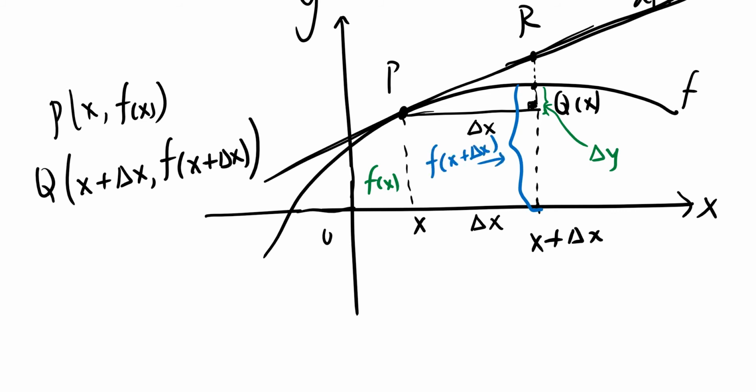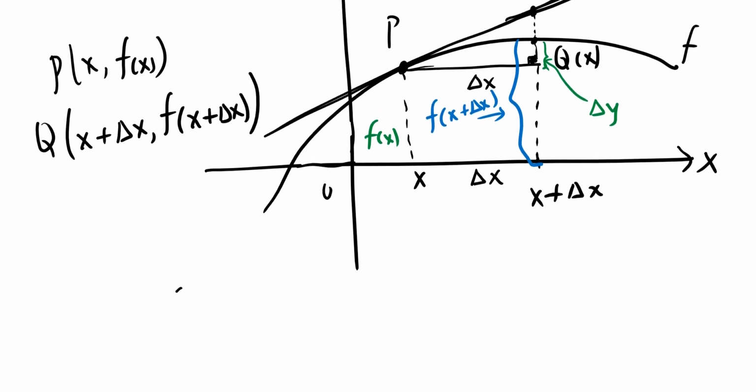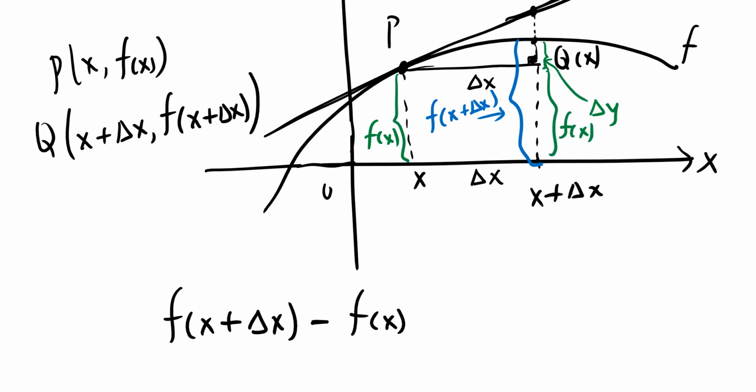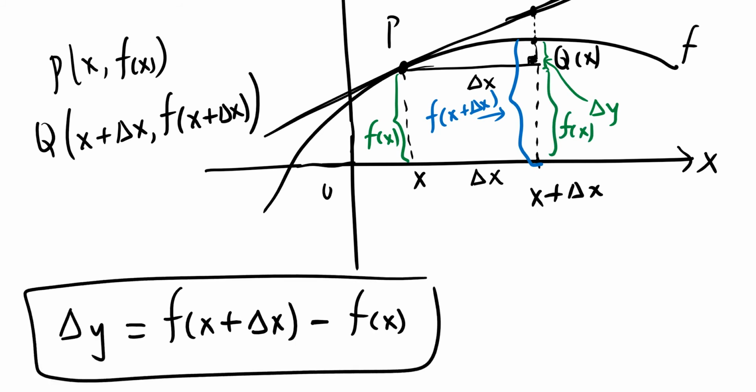That's the vertical y value. So if I take that f of x plus delta x, the vertical distance, and subtract f of x, which is the same as this, that gives me delta y. And what is this basically? This is the change in y. Delta y.